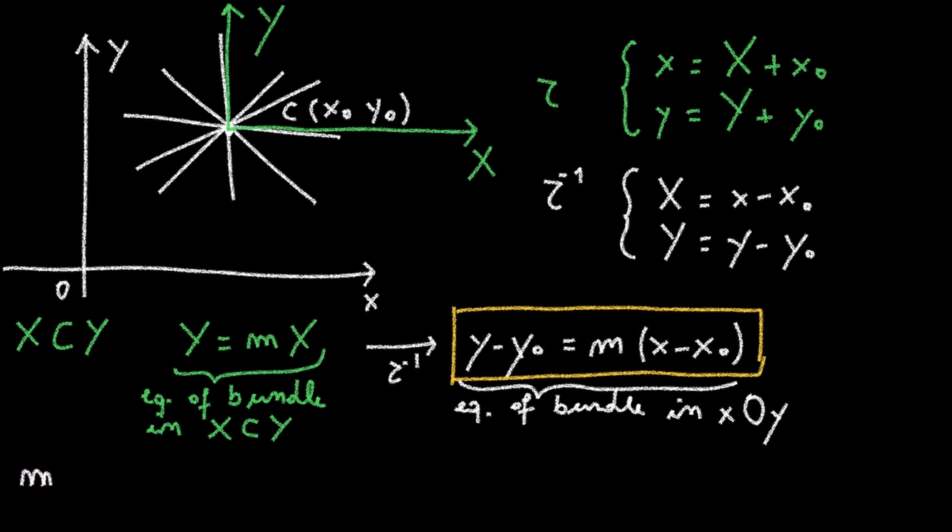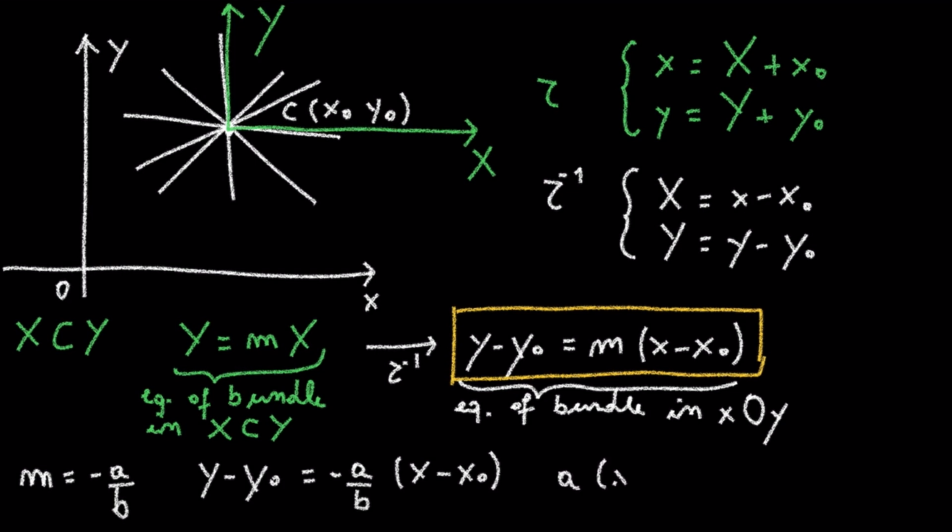So to do so, we set m equals minus a over b, which gives y minus y0 equals minus a over b times x minus x0, or equivalently a(x minus x0) plus b(y minus y0) equals 0, where a and b belong to R. Since a and b are variables in R, this equation represents the entire bundle of lines passing through C(x0, y0).